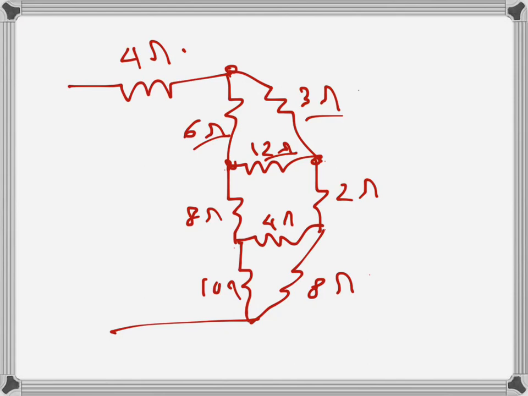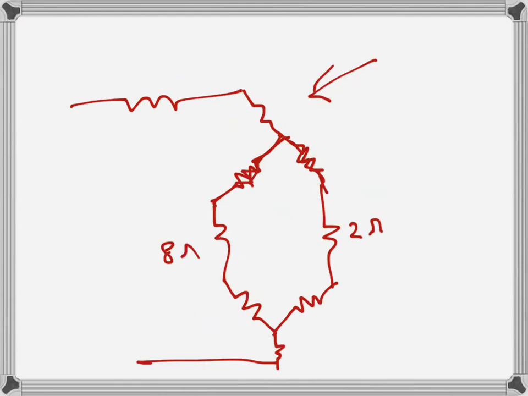So the resistance that is connected to this node will be 6 times 3, that is 18, divided by 21, which is 6 over 7. So we will write, maybe I will use a different color again, so 6 over 7 there.